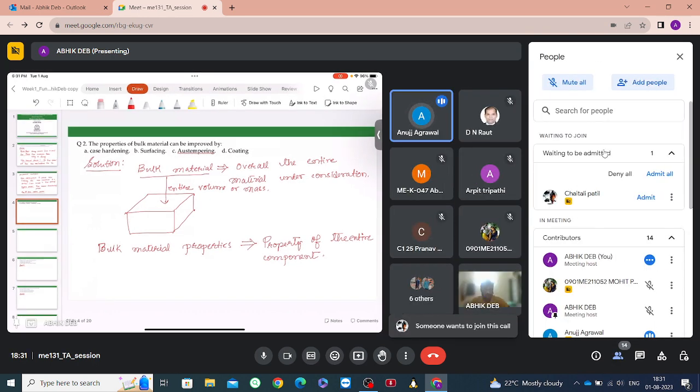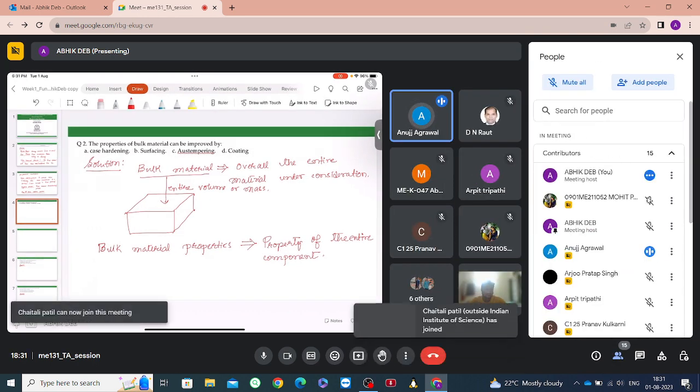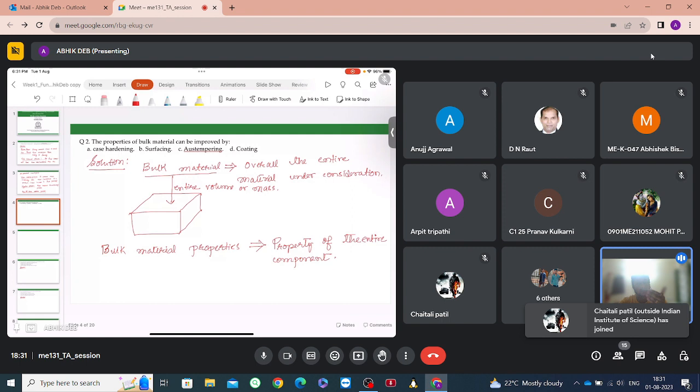Sir, if it is a pure metal, then the thermal conductivity will be higher. I'm not asking higher or lower, I'm asking will there be any difference in the property value from its center to the surface if it is uniformly distributed?